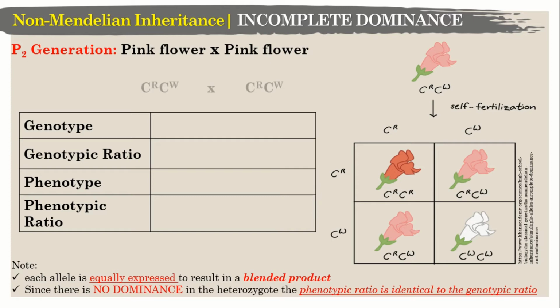Okay. So, since we are talking about a pink flowered plant, we have the combination of red and white crossed with another red and white. So, when they crossed, you have R, that's why you have here the first genotype.